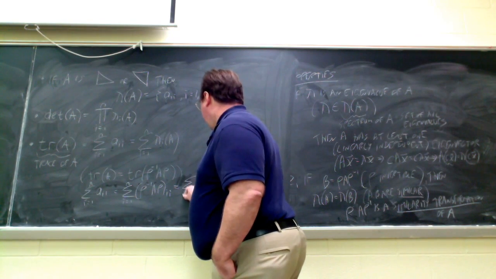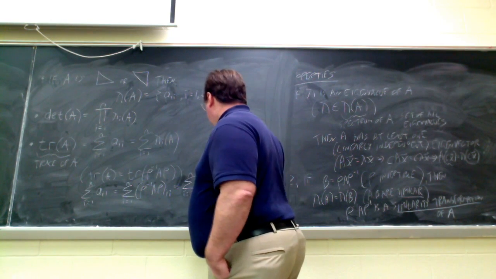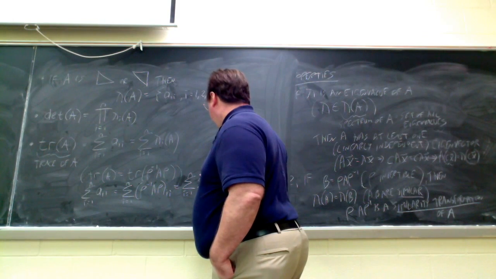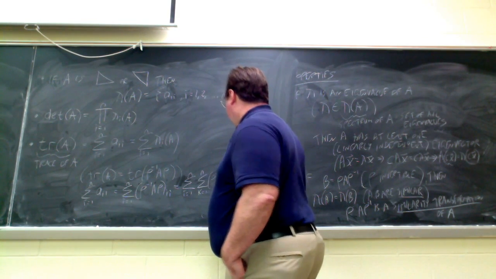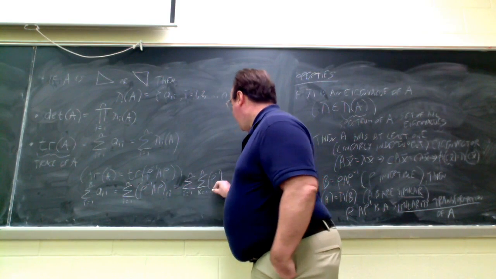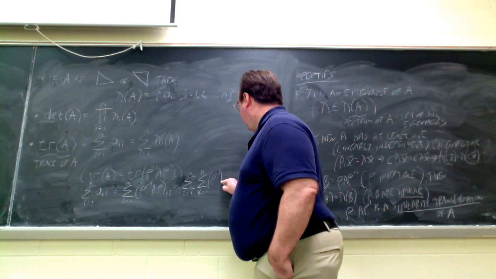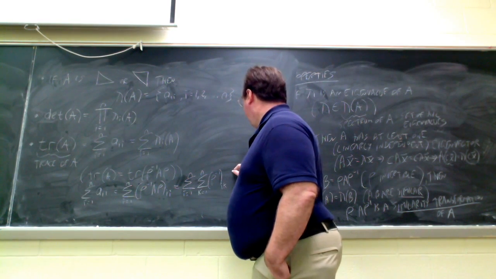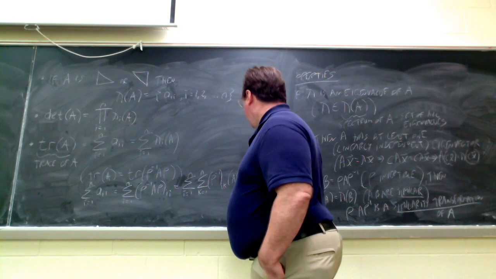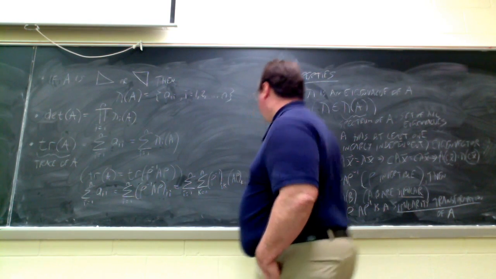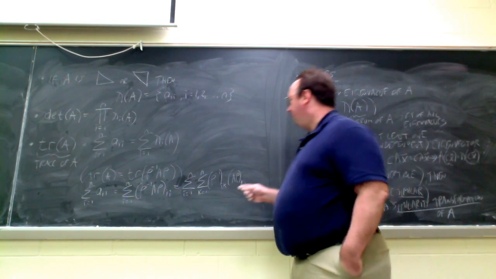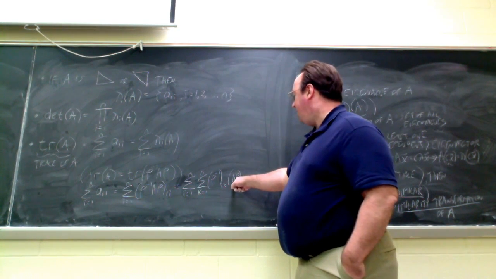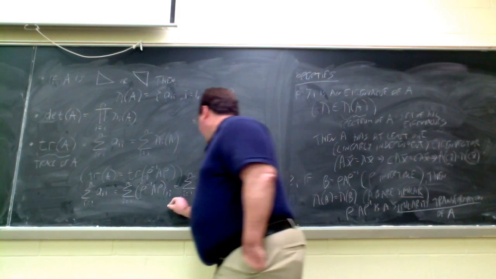So that's the same as the sum, k equals 1 to n, of P inverse_ik times (AP)_ki. And then I have to apply that matrix multiplication formula again to the product AP.